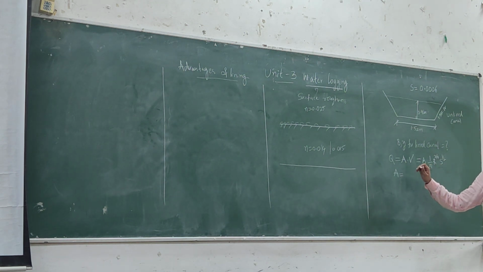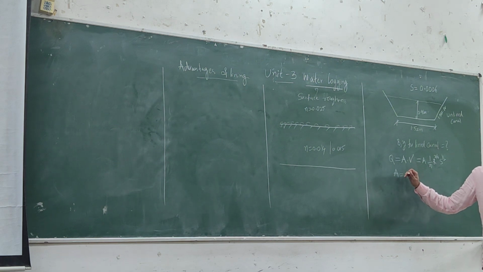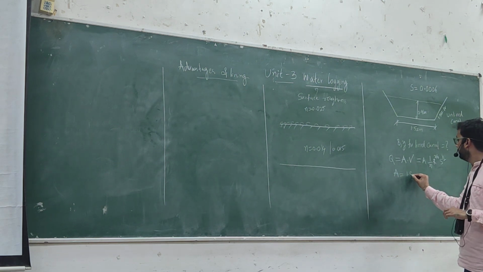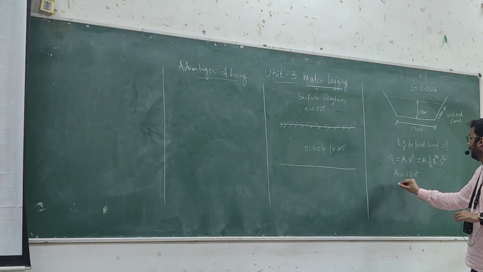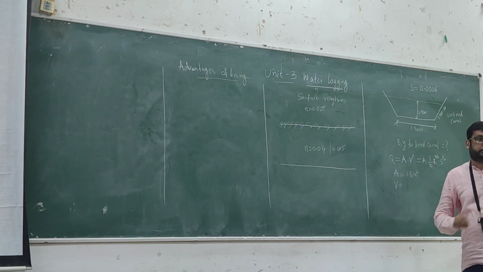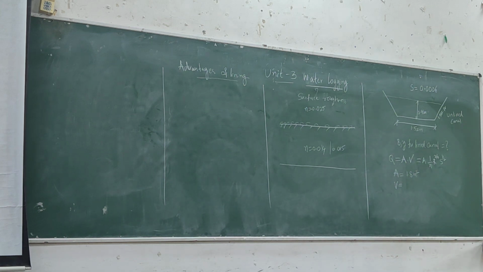How much is the area? Area 1.8. And the velocity? So everybody agrees with this area?